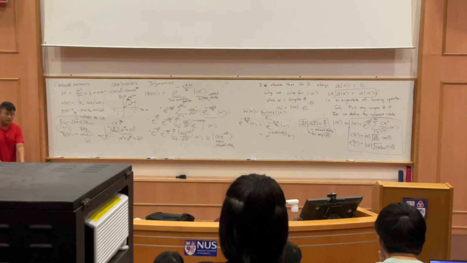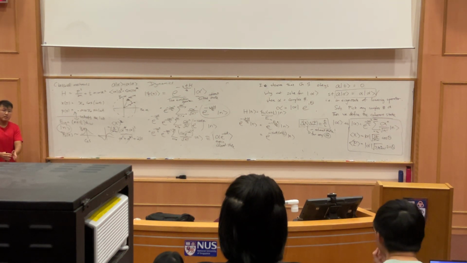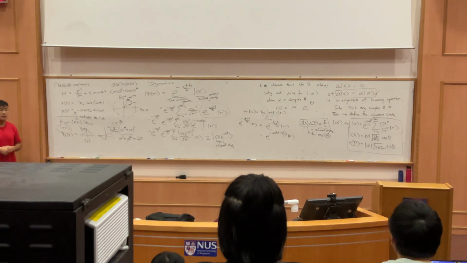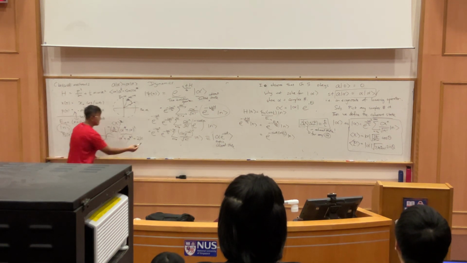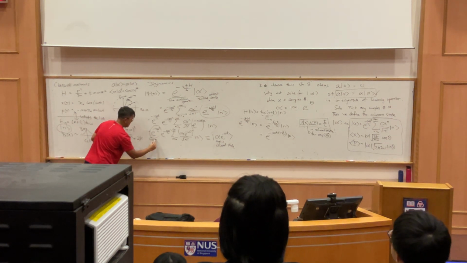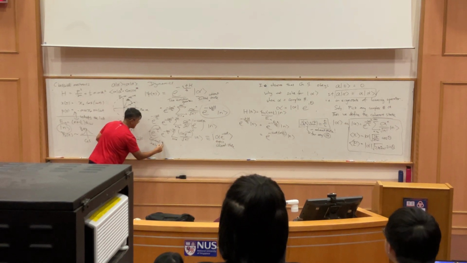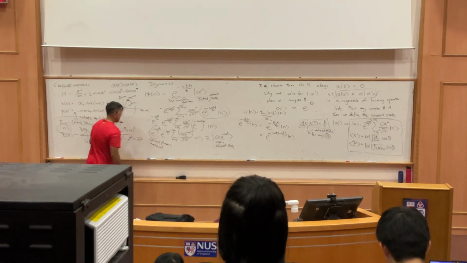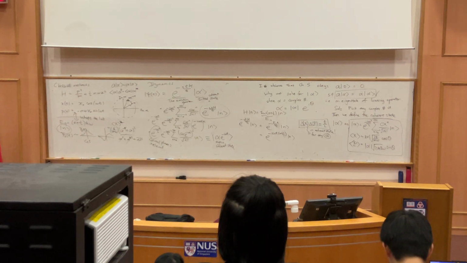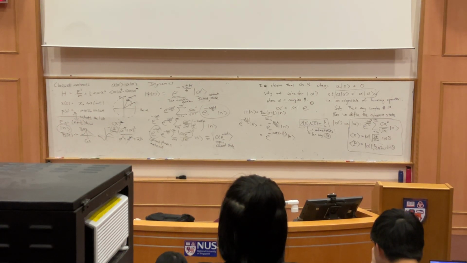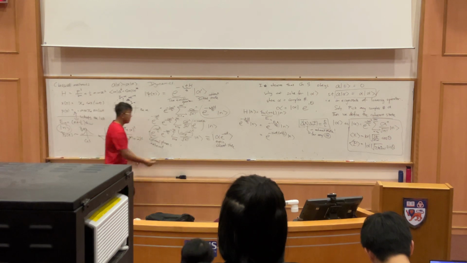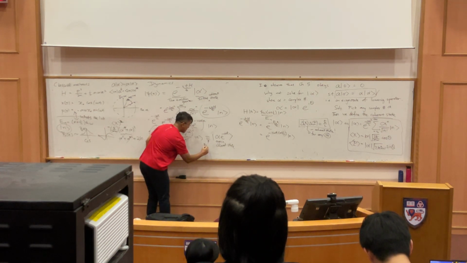Long story short, you begin as a coherent state, you remain a coherent state. All you're doing is just changing the parameter of the coherent state from alpha to alpha e to the power minus i omega t. Okay? This is the global phase, so it's not important. Global phase equals irrelevant, physically irrelevant. Okay? So when I write this equivalent, we're dropping the global phase.